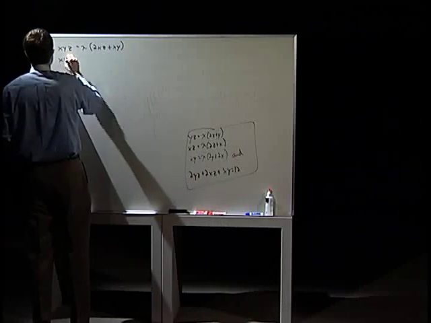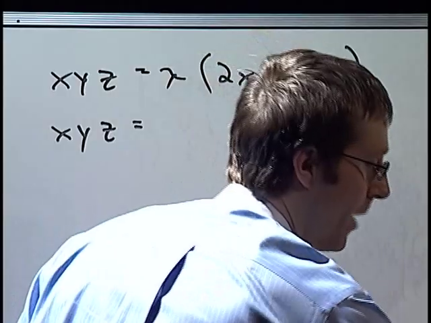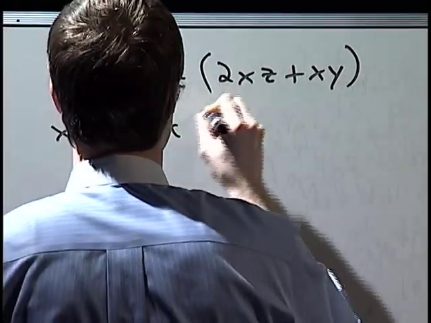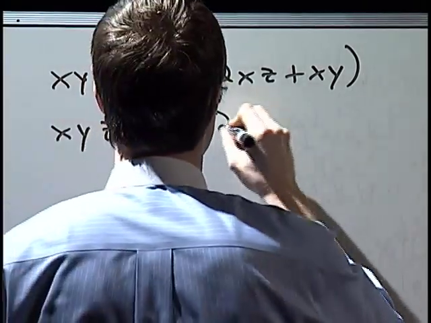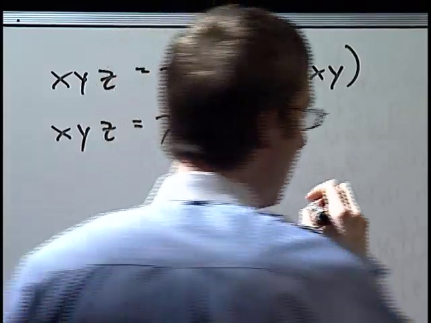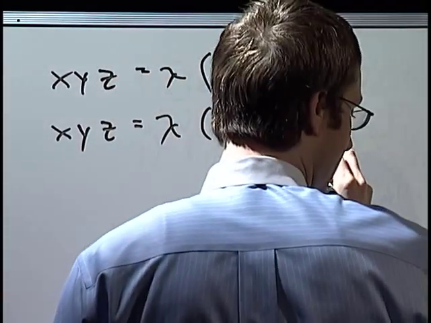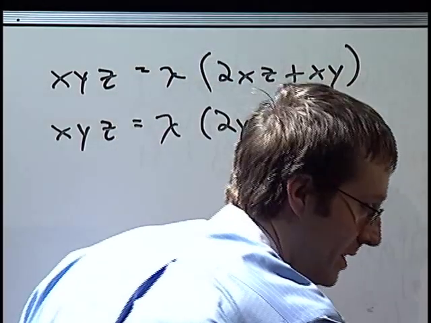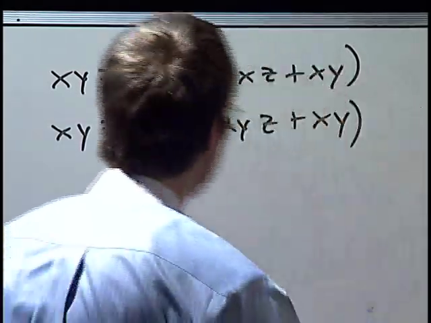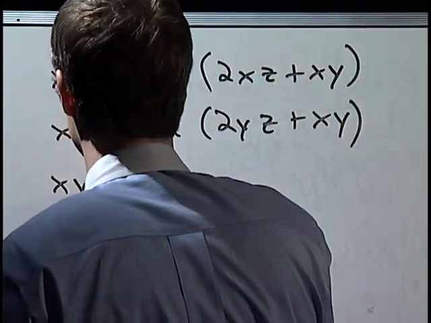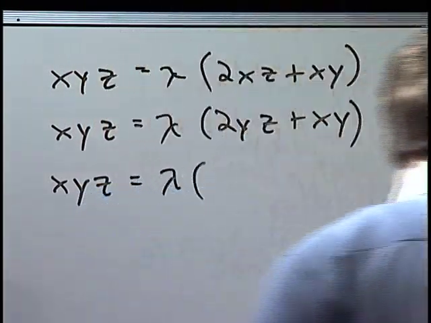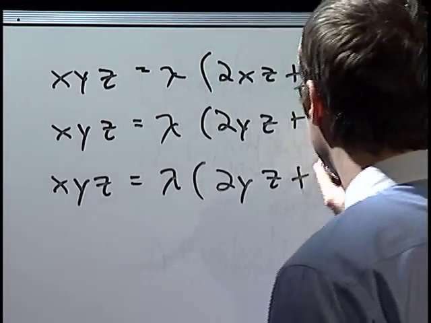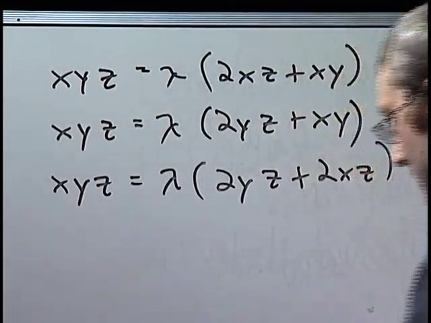For the second equation, I'll multiply through by a y, and I'll get xyz equals lambda times 2yz plus xy. And the bottom equation, hit it with a z, so I get xyz equals lambda times 2yz plus 2xz.